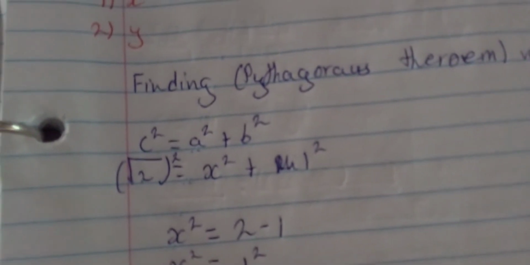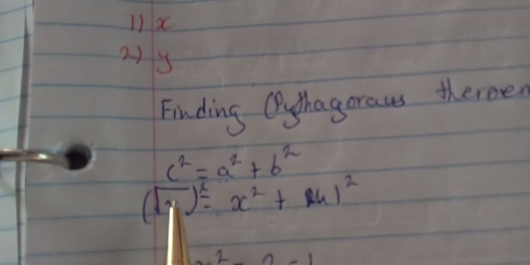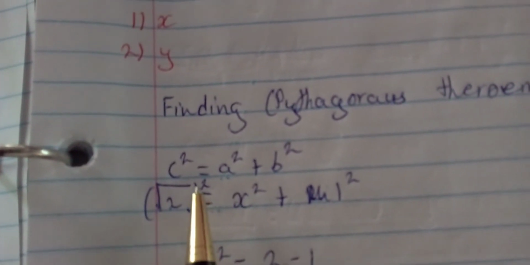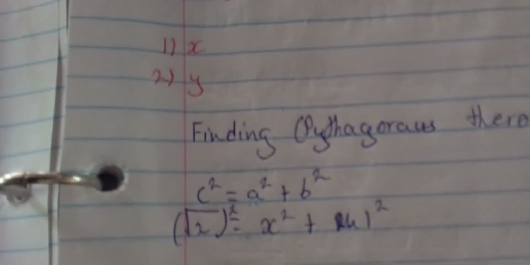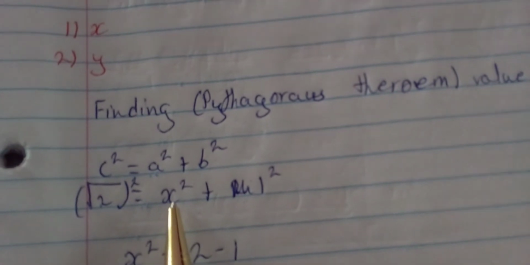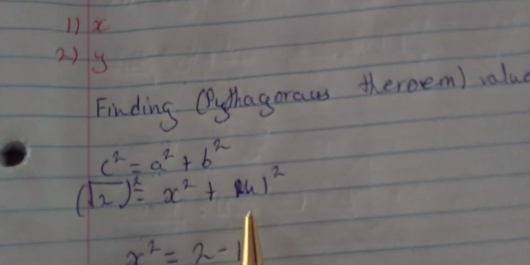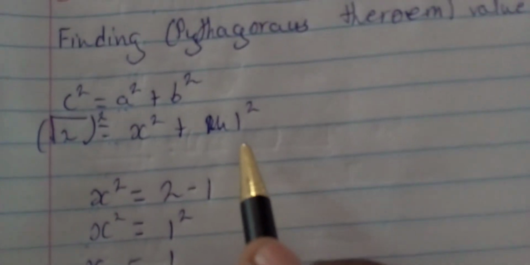The value of c, the hypotenuse, was the square root of 2. We square that, and whenever a square root and a square come together, they're opposites, so they cancel out. a was the value of x, so x squared plus b, which is the base, is 1, so we square 1.